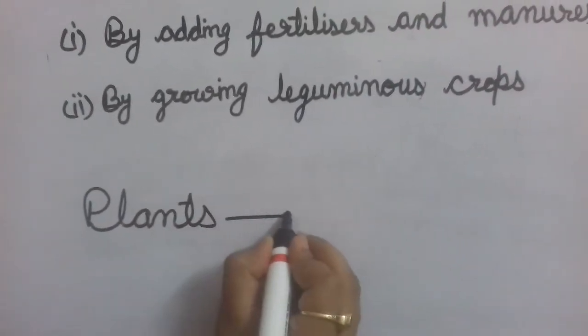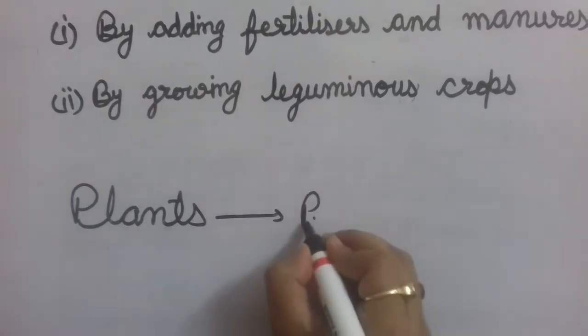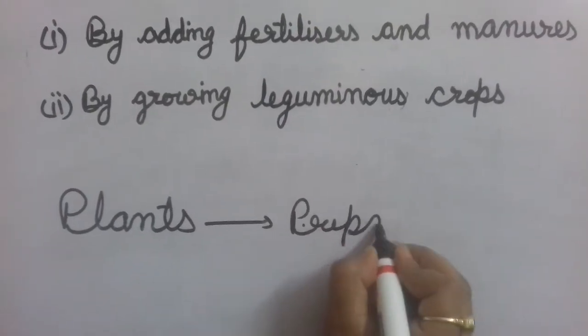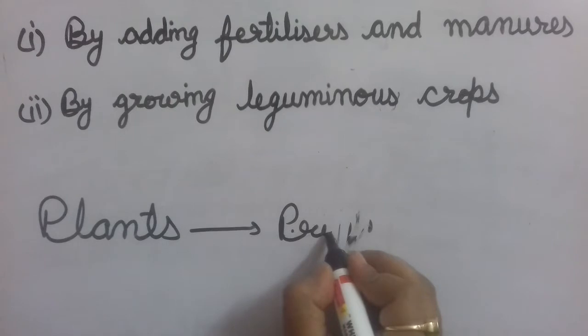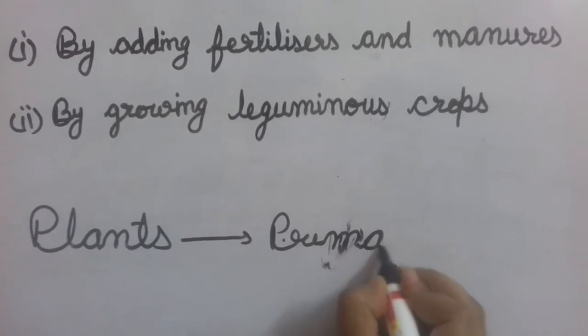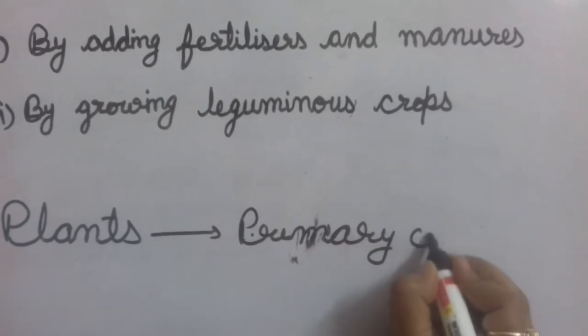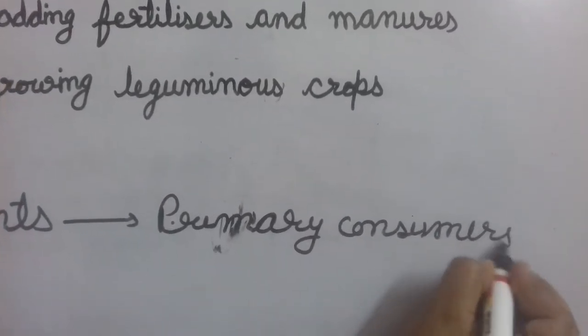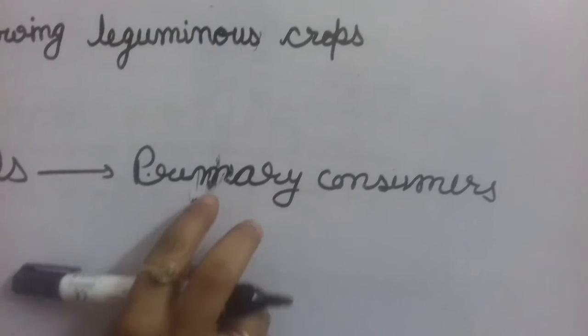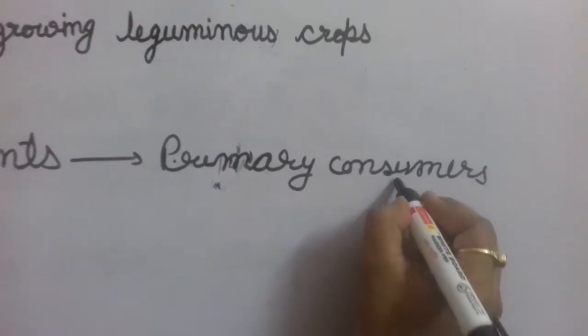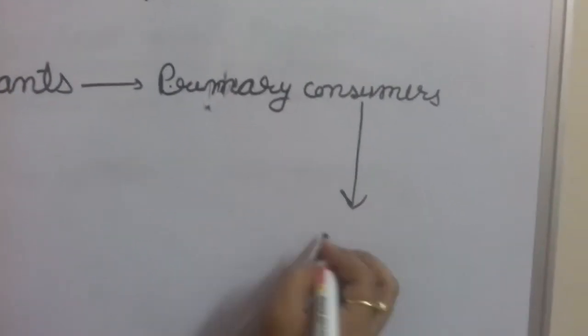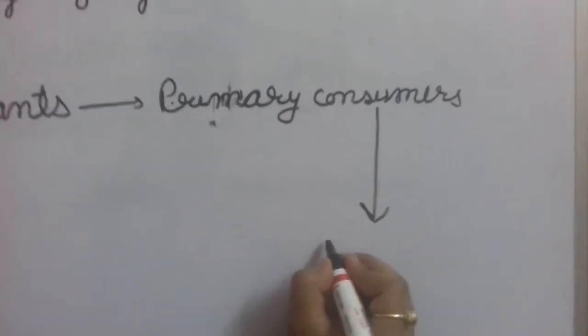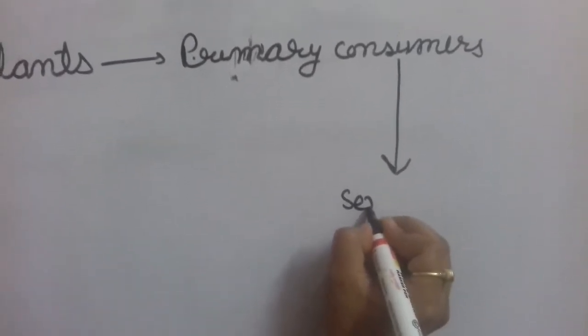Plants give food to primary consumers, which are herbivorous. From primary consumers, the food is transferred to secondary consumers.